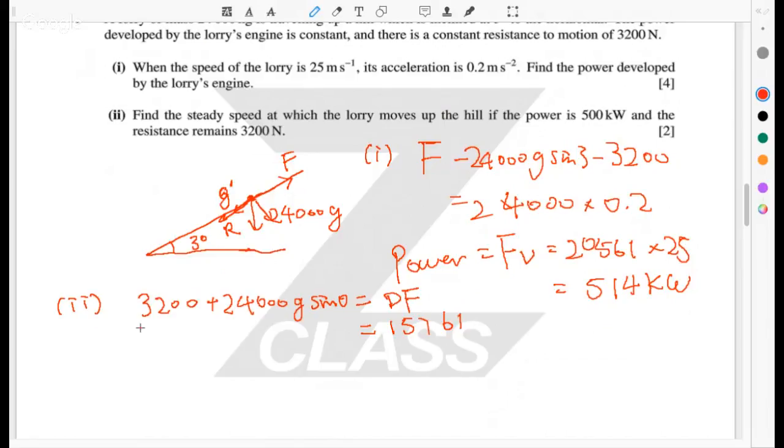We use this equation because it's an equilibrium position.